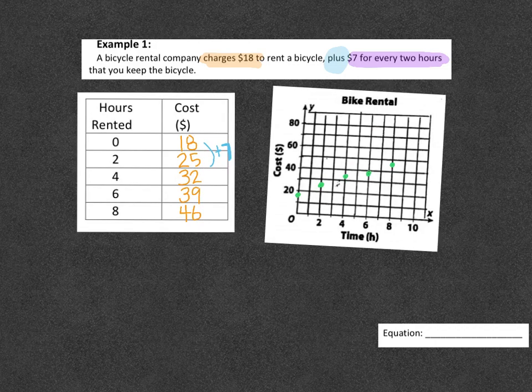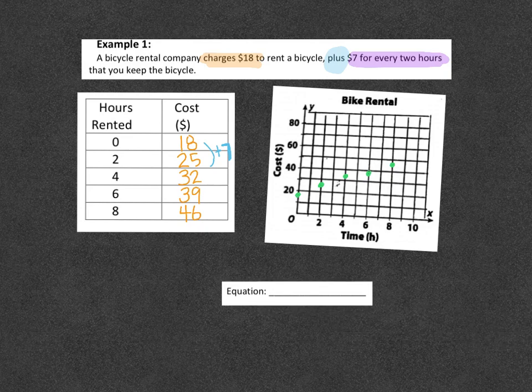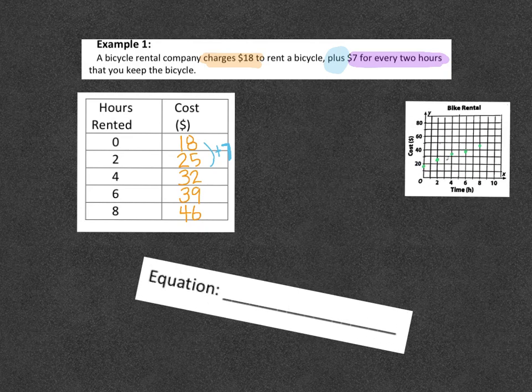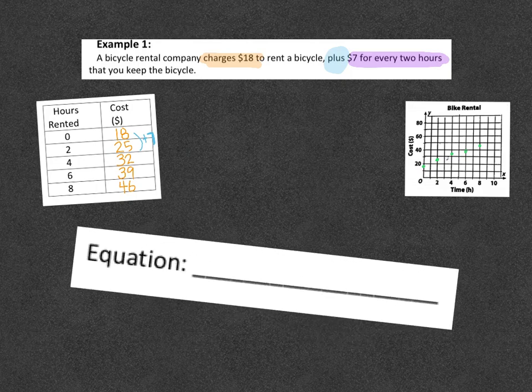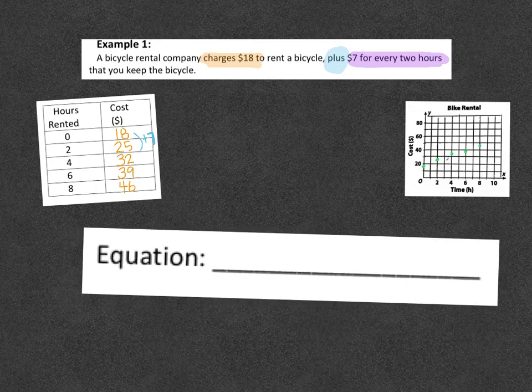And now we're going to take what we have and make an equation. Scoot those over. The equation is going to say y equals, and here's where I was saying we have to consider how much only 1 hour is worth, because the equation is supposed to represent one at a time.